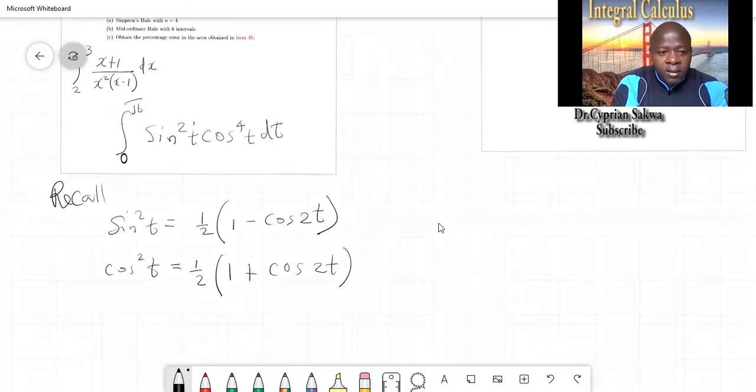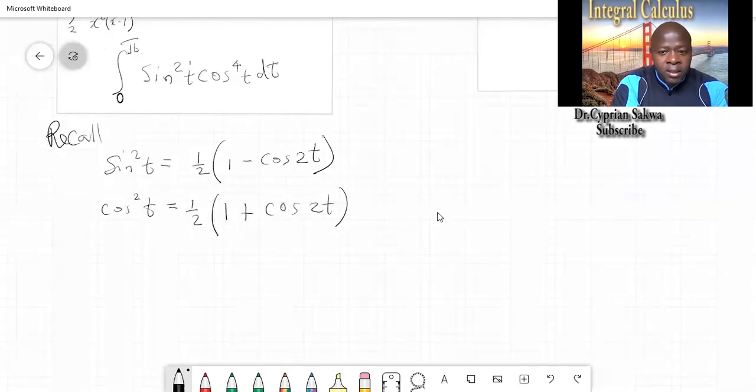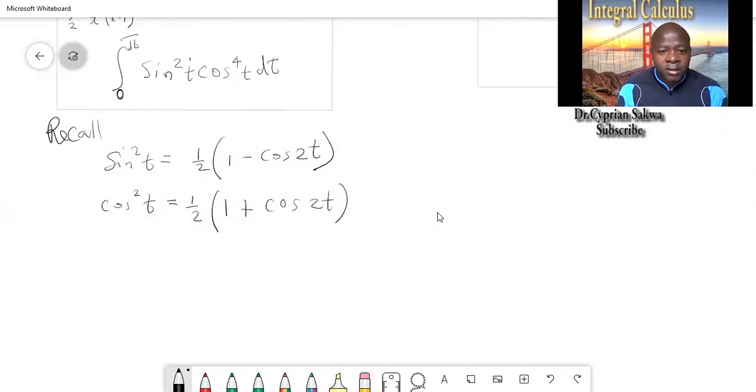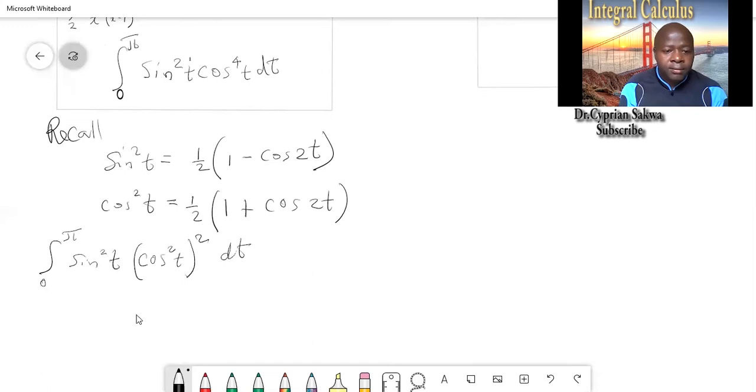So now doing our integration, we must write the integral in this form. What we have as our integral is the integral from 0 to pi of sine square t cos square t, all squared, dt.